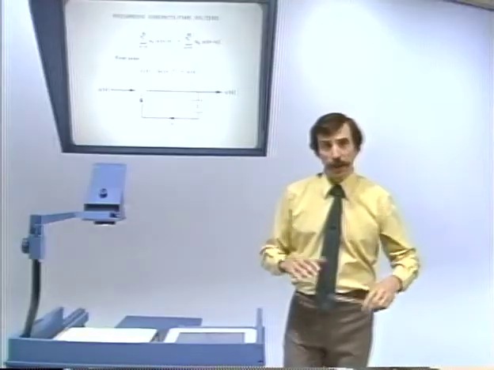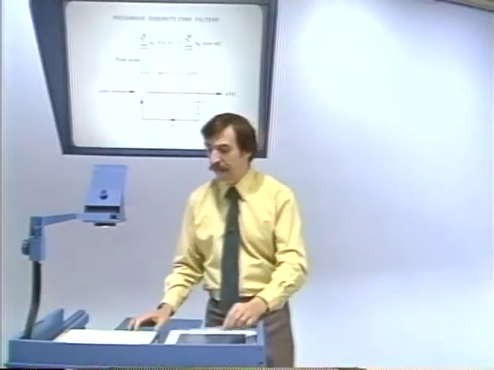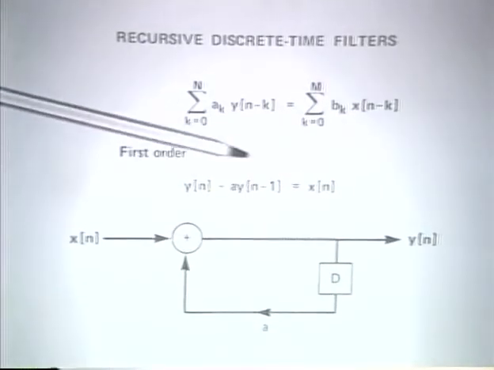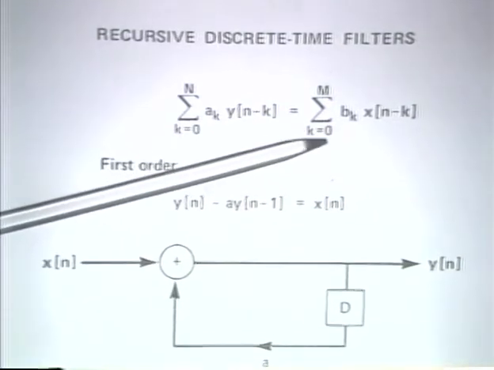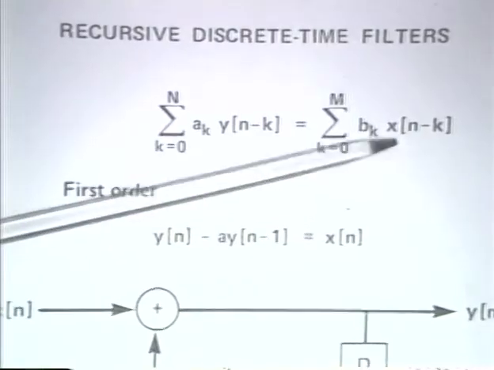So, for example, as I've stressed previously, a recursive difference equation has the general form that I indicate here, a linear combination of weighted outputs on the left-hand side and a linear combination of weighted inputs on the right-hand side.